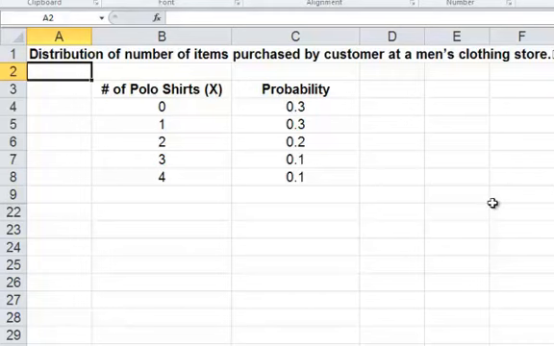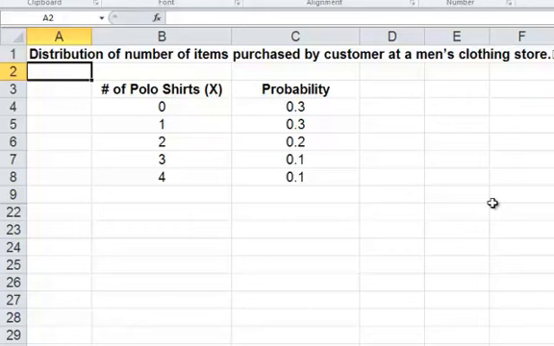So we're given some information in the problem that says that a typical customer buys a random number of polo shirts when he shops at a men's clothing store. And you're given the distribution in words. You're told that the probability that x equals 0 is 0.3. The probability that x equals 1 is 0.3 again. Probability that x equals 2 is 0.2.